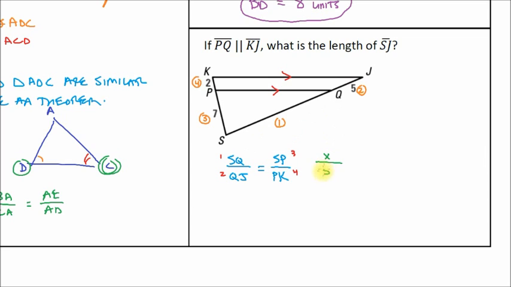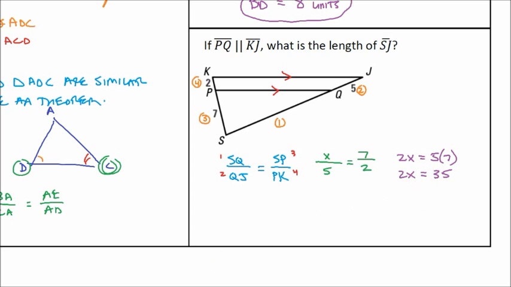QJ is 5. SP is 7. And KP is 2. Let's go ahead and cross multiply now. So you've got x times 2 is 2x equals 5 times 7. So 2x equals 35.